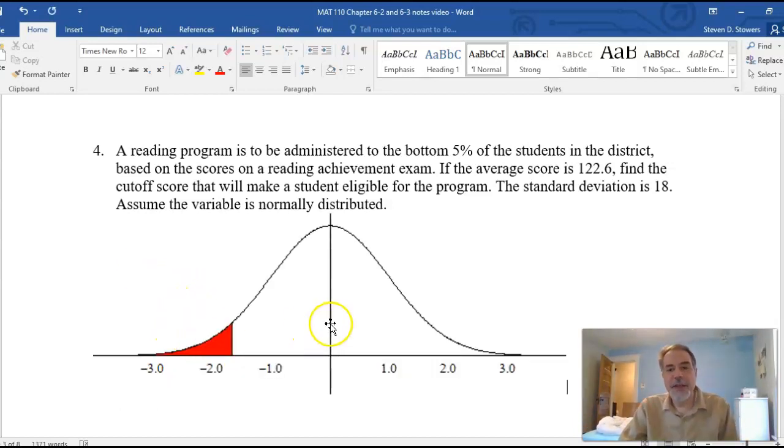It would look something like this. So the bottom is the numbers over here on the left where the small numbers are, and this red area represents about 5% of the whole area under the standard normal curve.